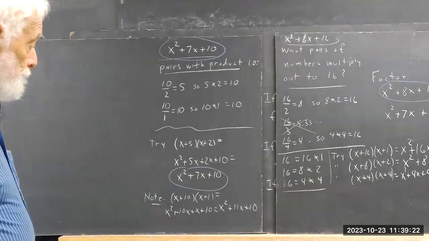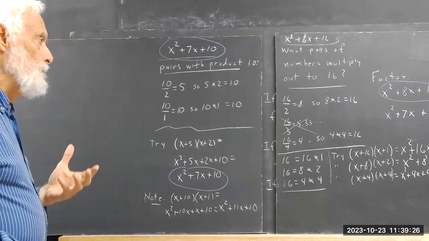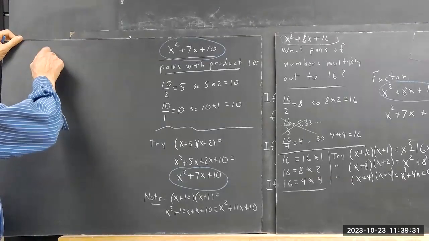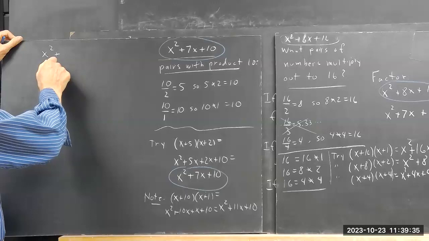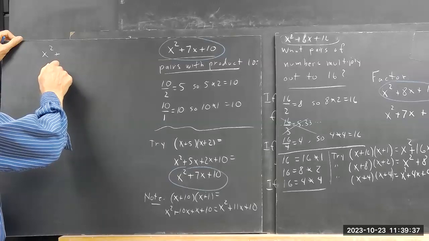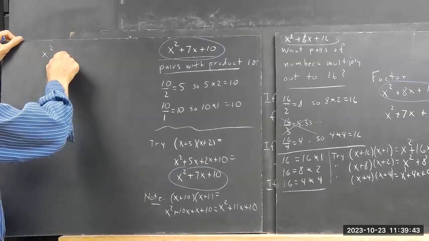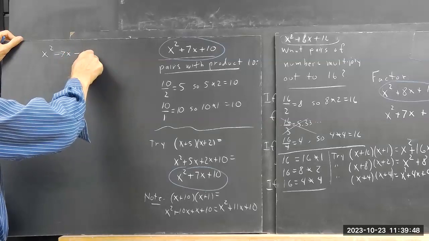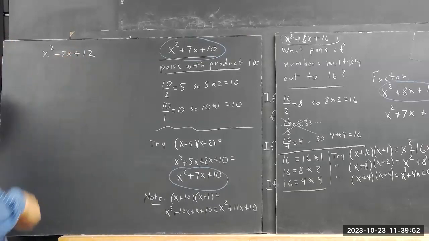Okay. Now there are actually other options we could try. So let's say we have x squared minus 7x plus 12.